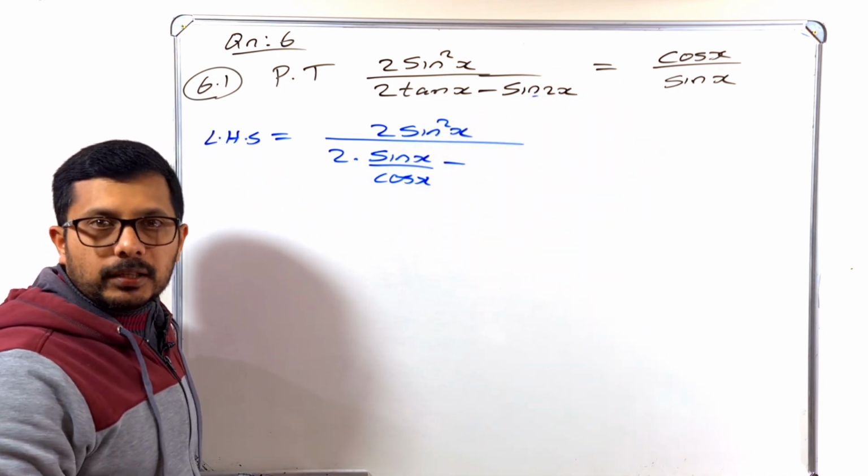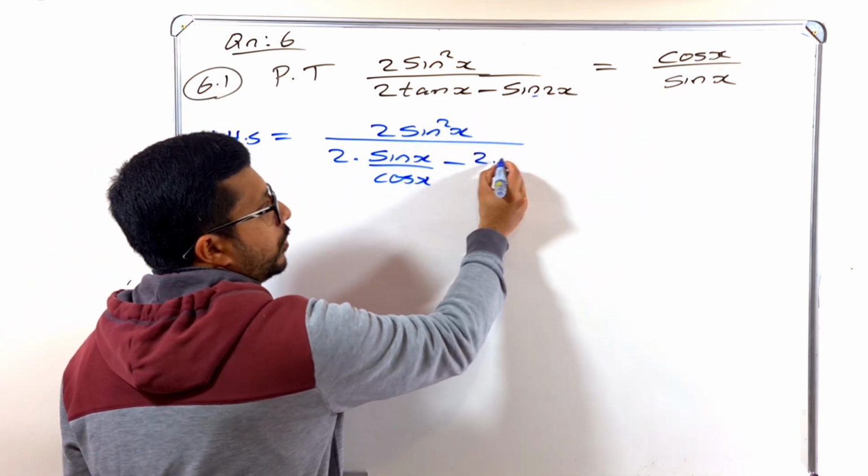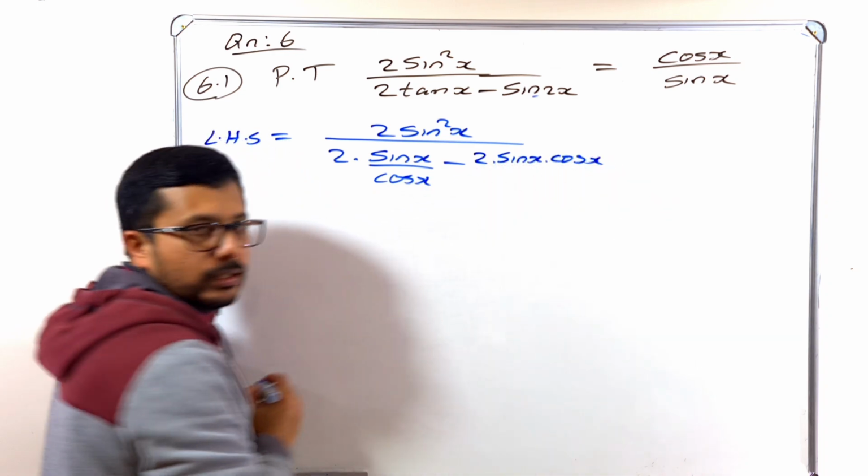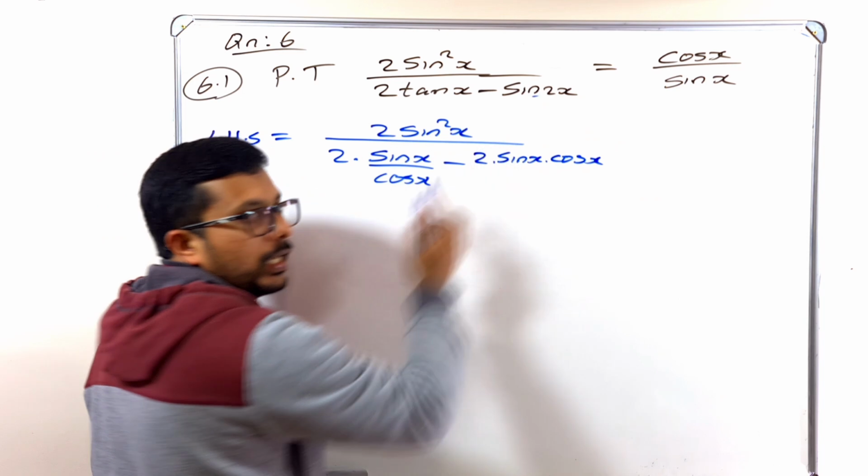Is it not a double angle? What is the expansion? 2 into sine x into cos x. Am I right? That is the expansion of sine 2x.